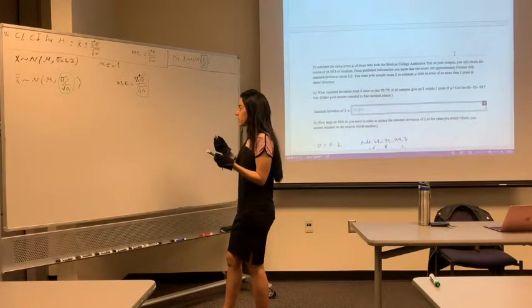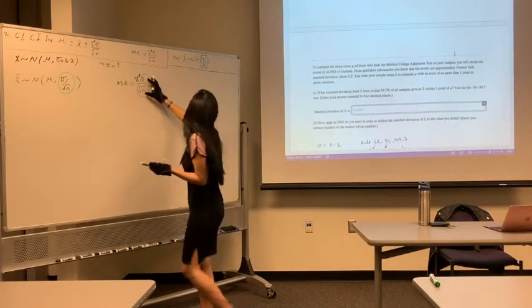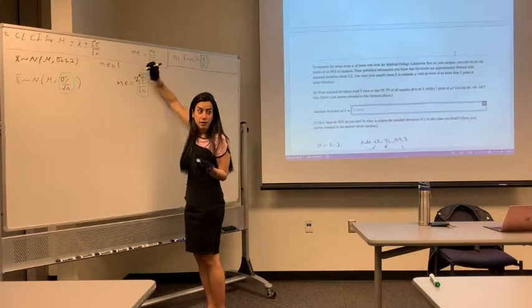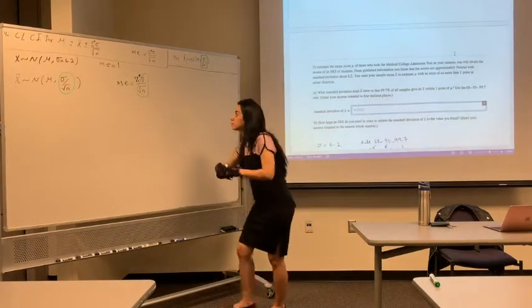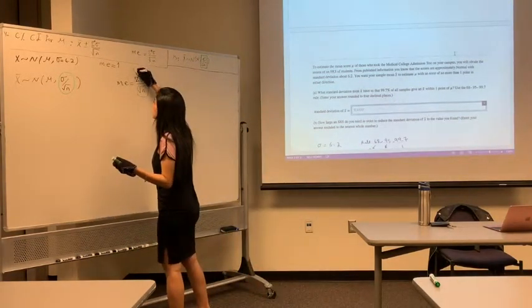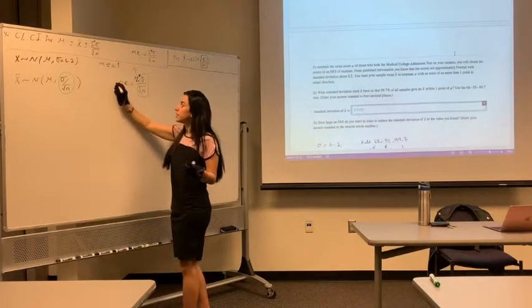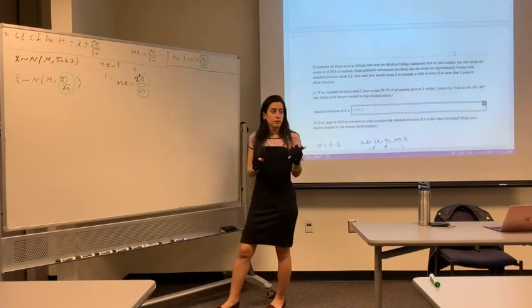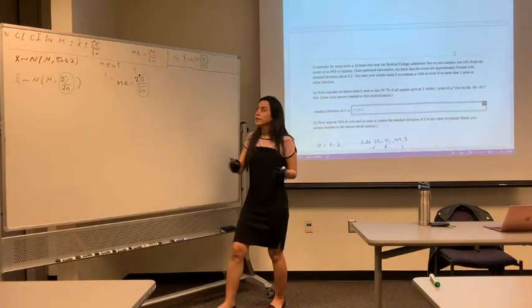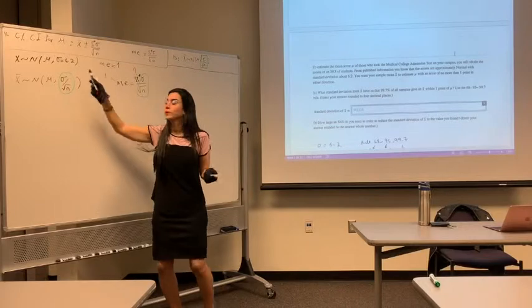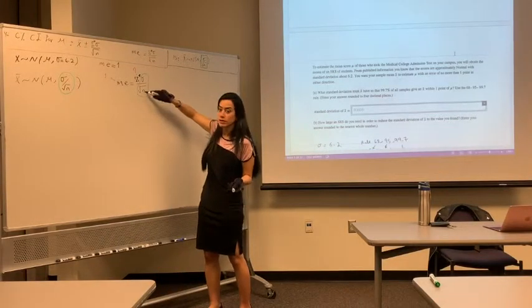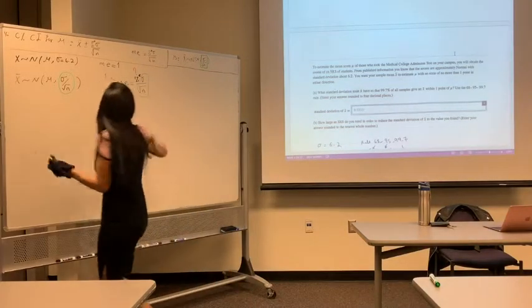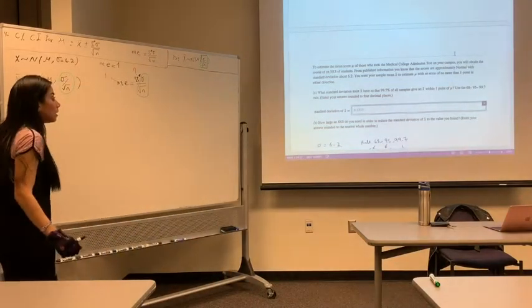To be able to find this one, I need to know z star, correct? Because I already know the margin of error is 1. So I didn't use sigma equals 6.2 because I want the whole thing, this one, okay?